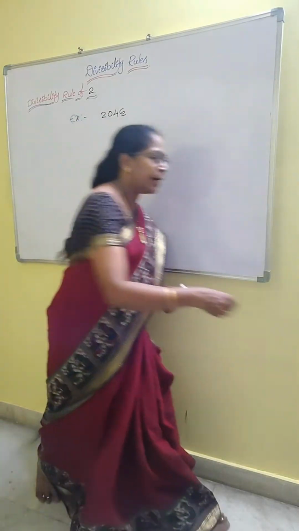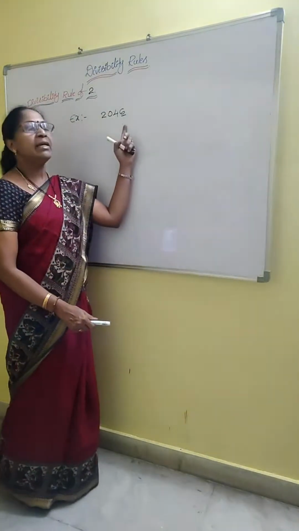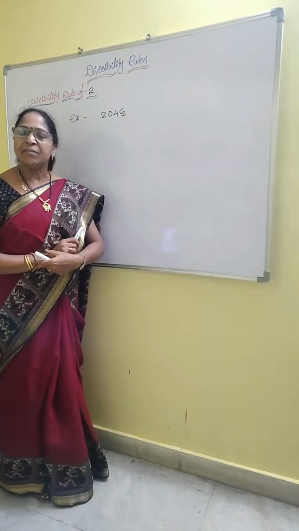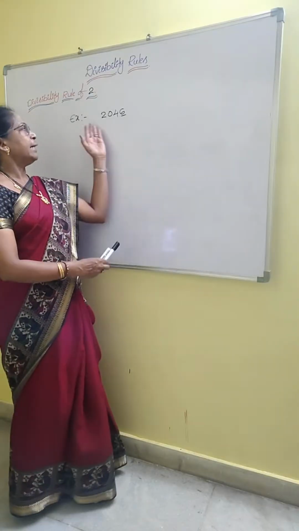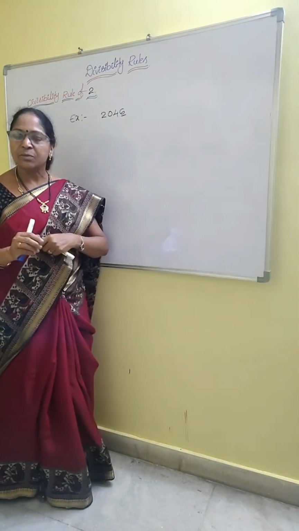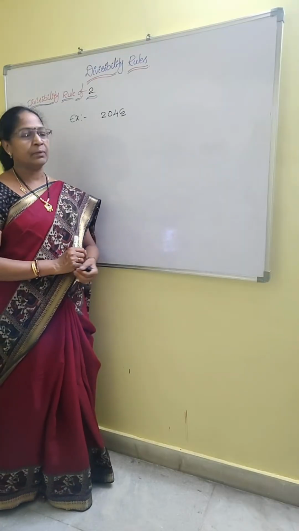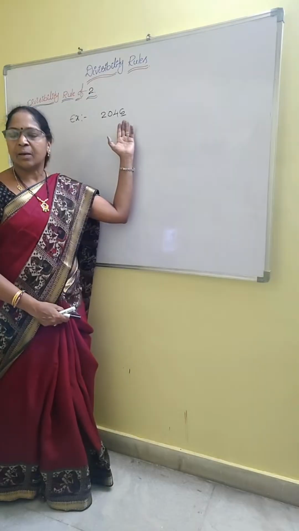So we have to find out whether 6 is an even number or an odd number. If 6 is an even number, then the given number is divisible by 2. That is the divisibility rule of 2. So 6 is an even number.